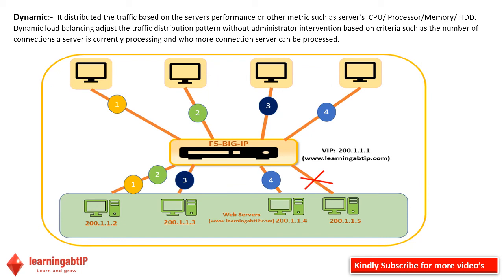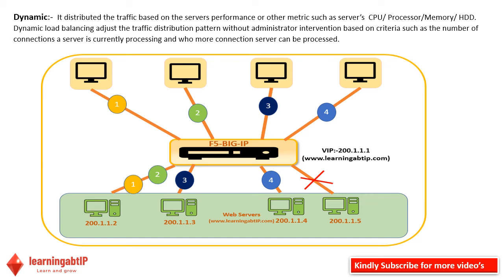Okay, the next one is the dynamic load balancing method. In the dynamic load balancing method, it distributes the traffic based on the server's performance or other metrics such as server CPU, processor, memory or hard disk. Dynamic load balancing adjusts the traffic distribution pattern without administrator intervention, based on criteria such as the number of connections the server is currently processing and how many more connections a server can accept or process.